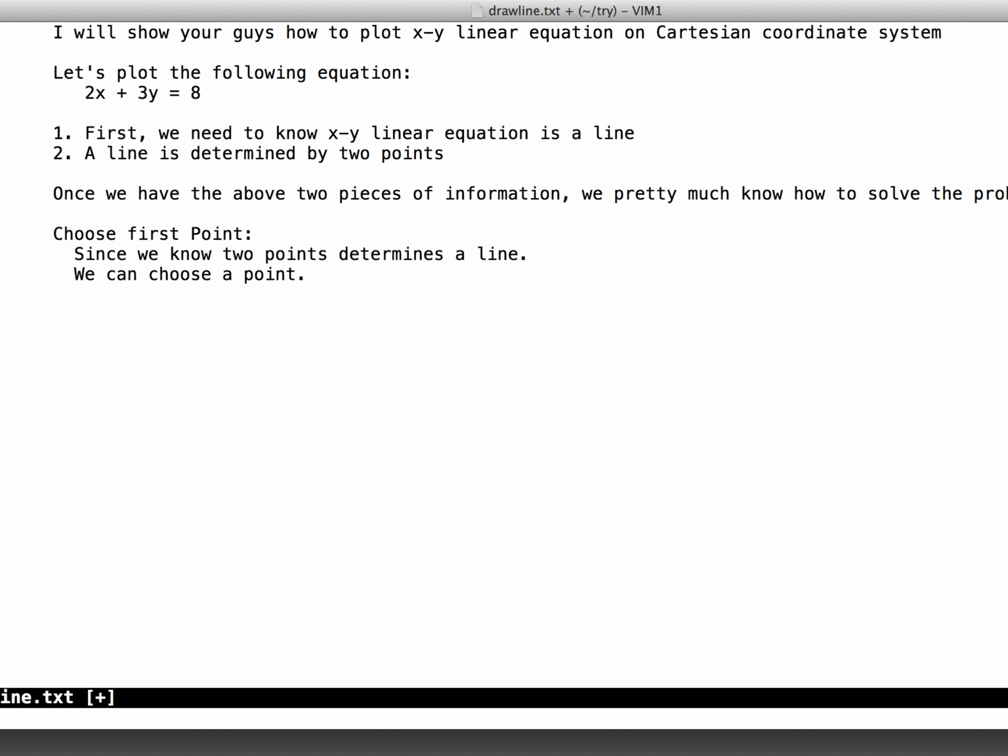How can we choose a point on a line? Well, we can choose a very easy point. When I say easy, it means we can just choose a small number like x equal to 1.